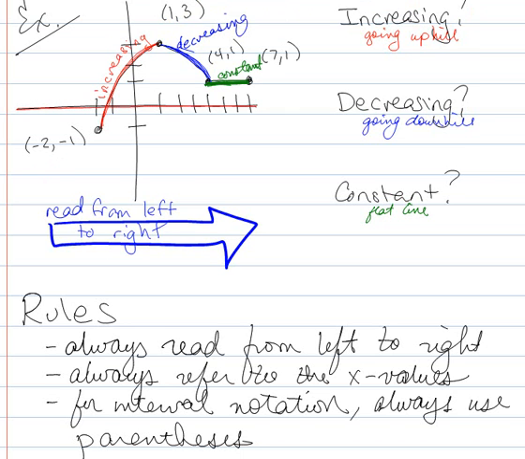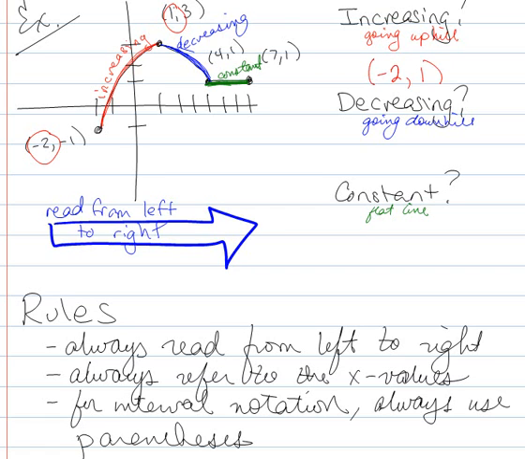So along the x-axis, from -2 all the way to 1, that's where we're increasing. So in our interval notation, from -2 to 1 is where we're increasing.